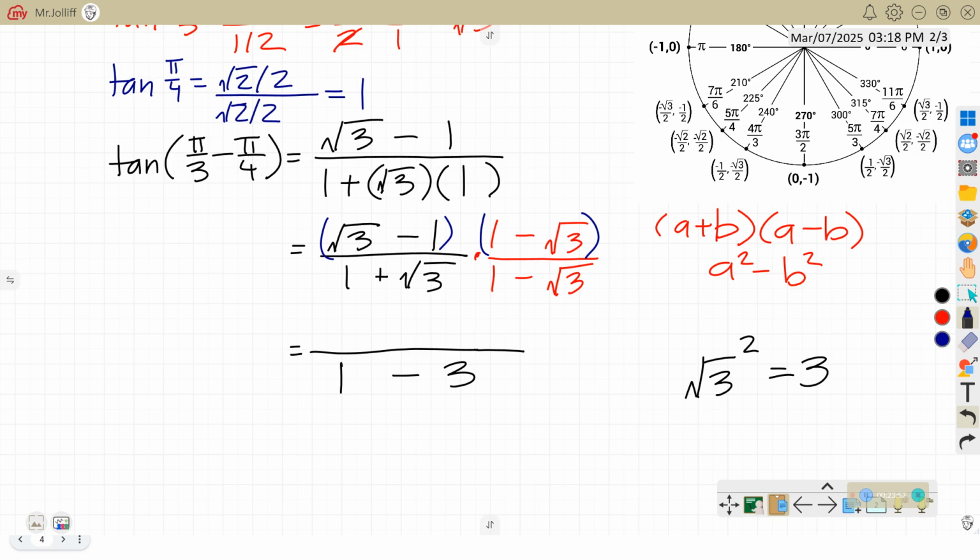So first is root 3 times 1, which is root 3. Next is outer, which is root 3 times negative root 3. I know positive and negative is negative. Root 3 times root 3 is 3. We just did that off to the side.